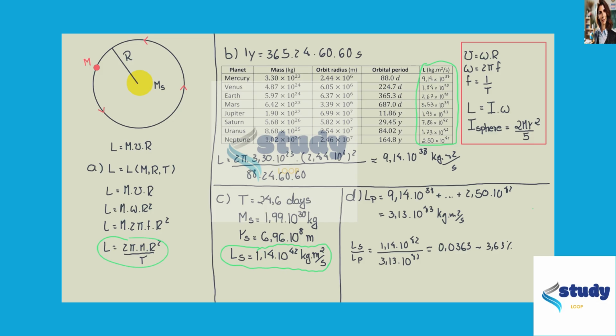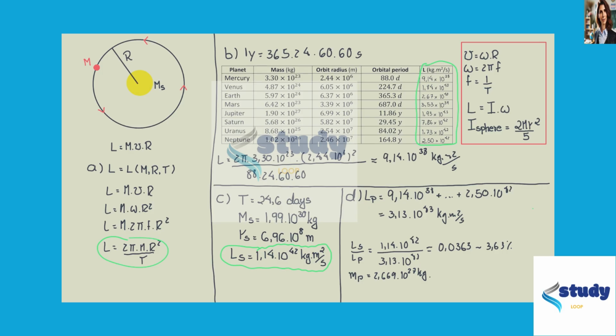On the other hand, if we add all the masses of all the planets, we get the following. The total mass of all planets together is equal to 2.669 times 10 to the 27 kilograms. But the mass of the Sun is actually 1.99 times 10 to the 30.